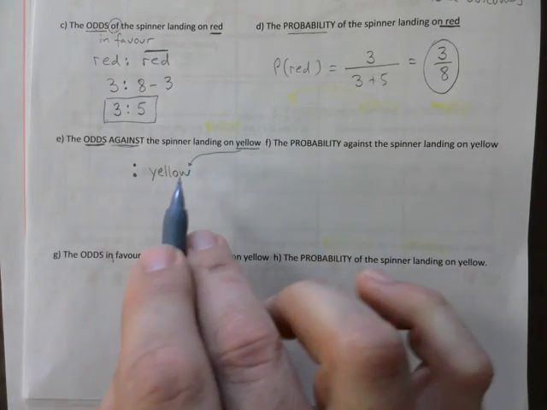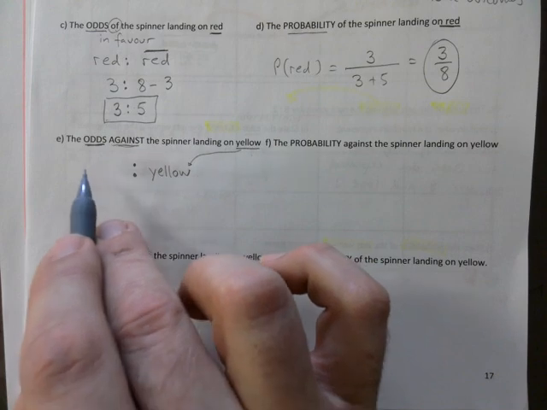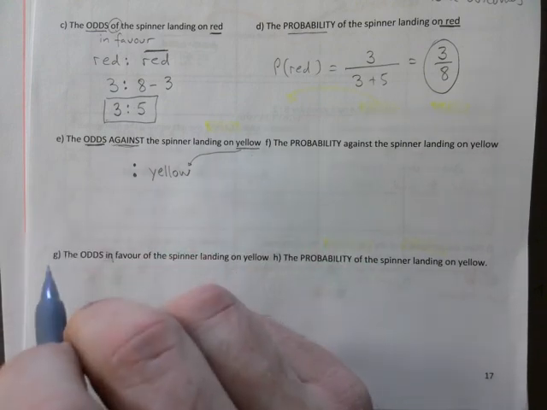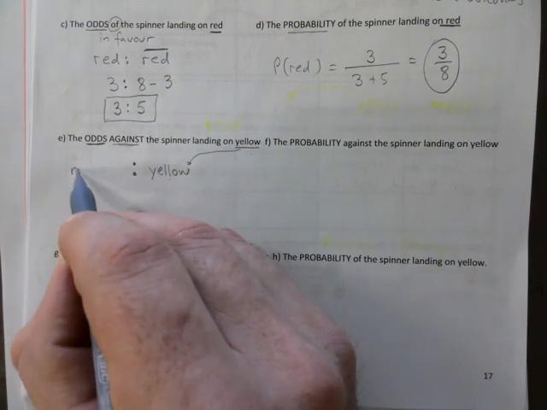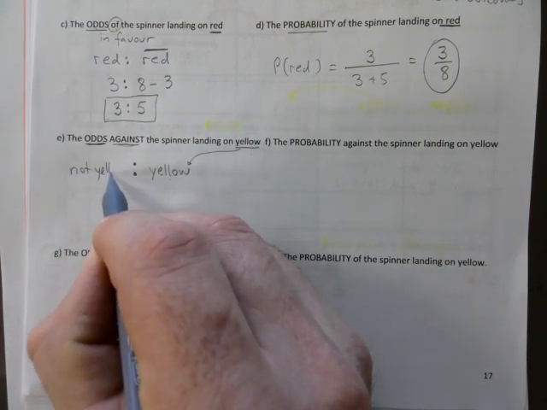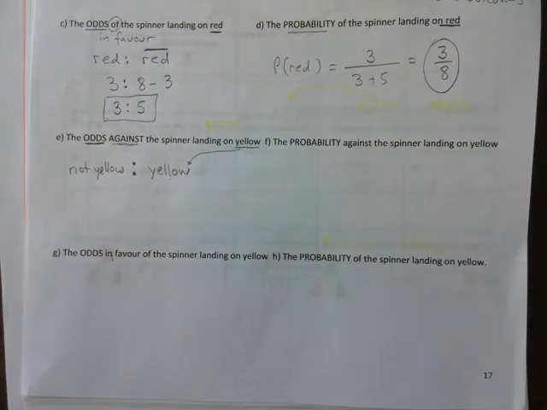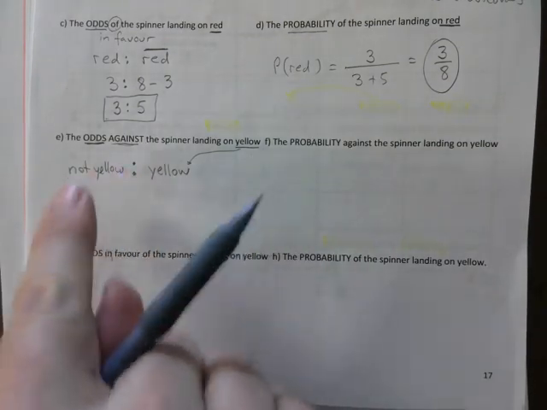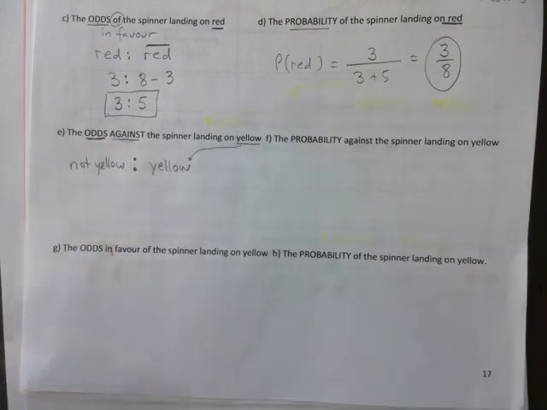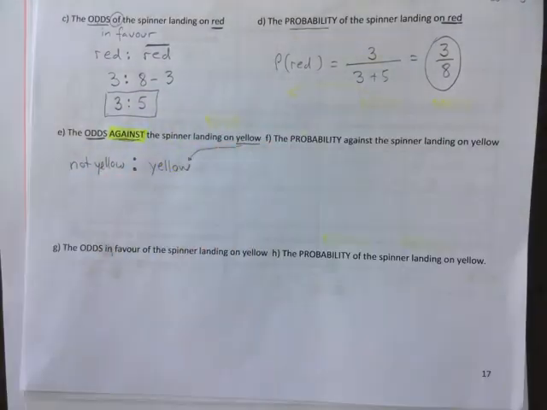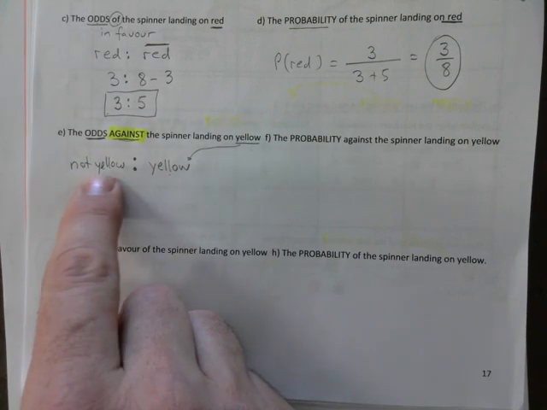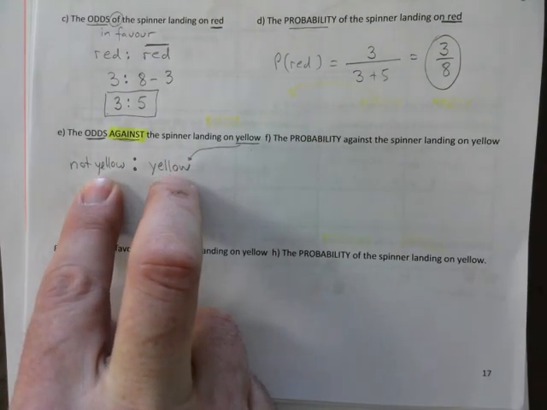You put yellow against you, and so what goes on in this side here? It's always yellow, not yellow, right? So if this is yellow, then this is not yellow. This is because of that word right there, odds against, right? Against yellow. So you put yellow. If you're reading this from the left, right? Yellow is against you, so it's on that side there.